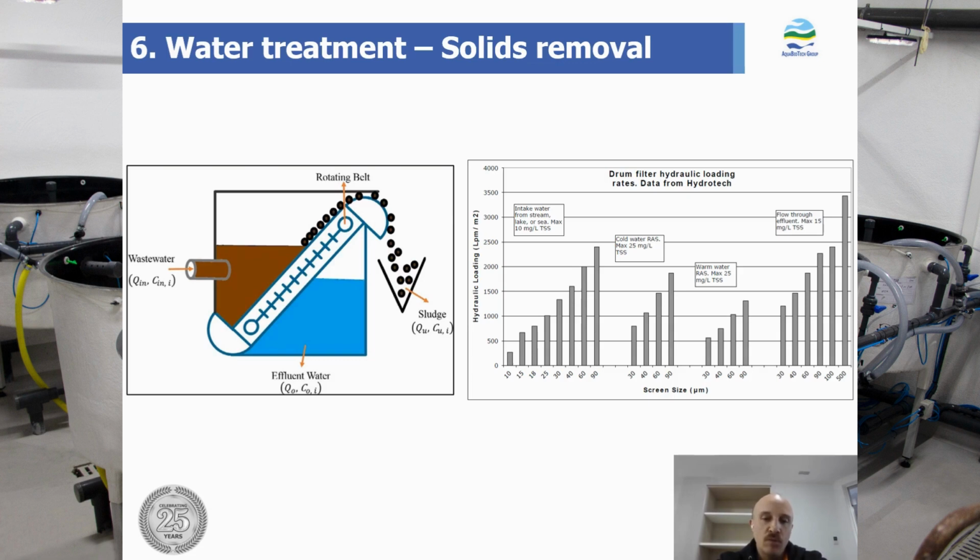What they have in common is that they are sized for the type of solids that you have, which are defined by the life stage of the fish, by the number of fish, and by the type of fish. So if we have, for example, small fish in the tanks, most probably the mesh size of our drum filter would be smaller than if we have large adult fish.